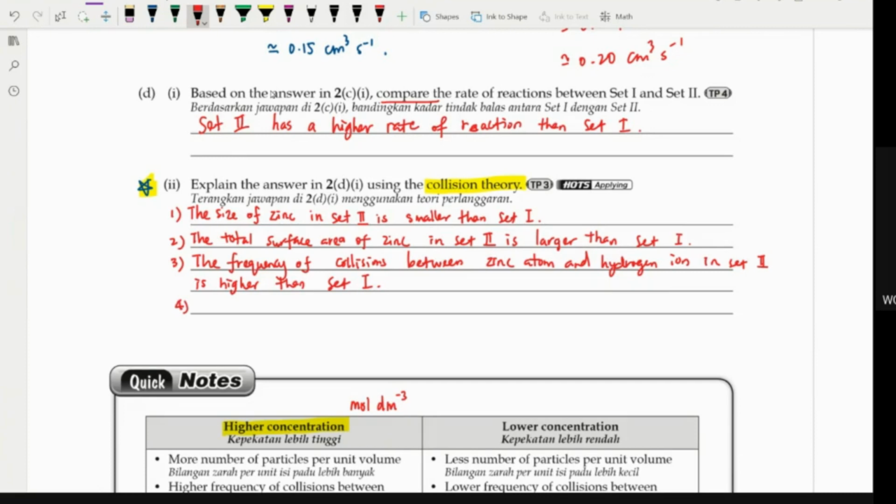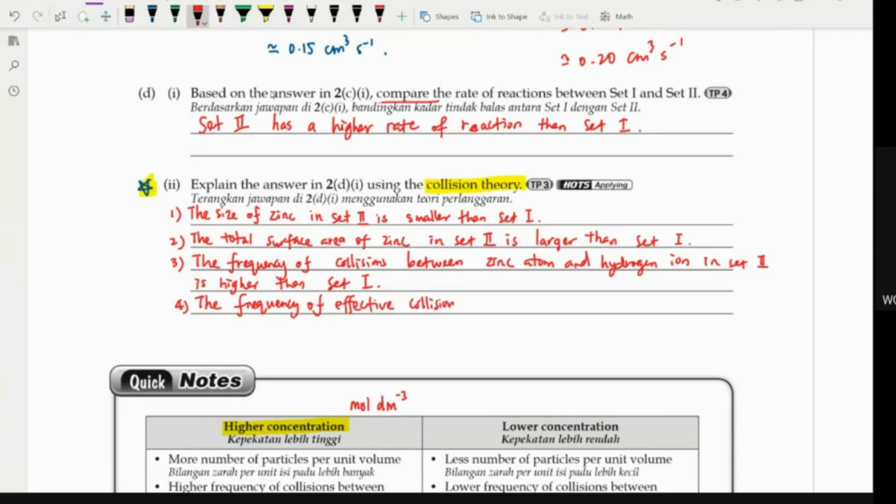Point number 4. The only difference here with point number 3 is that you mention the effective collisions. The frequency of effective collisions.